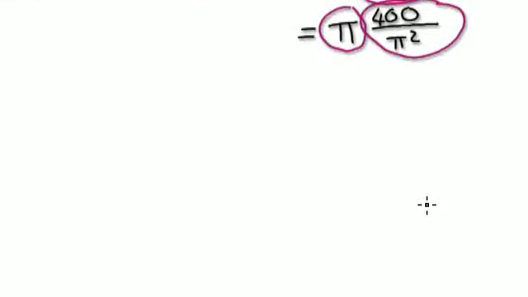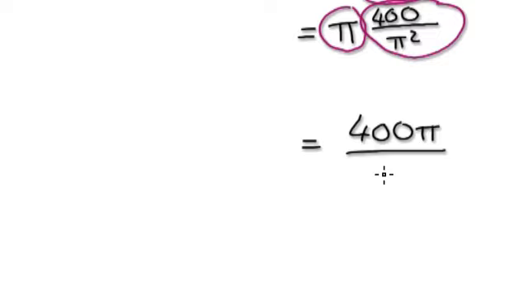Okay, so now you've got a bubble multiplying a fraction, so it gets multiplied to the top. So it would be this, pi over pi squared.